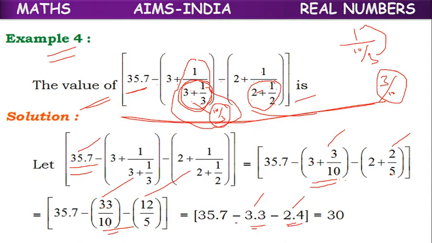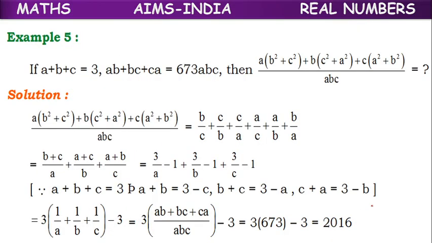If we add these two, the sum is 5.7. Minus 3.3, minus 2.4, minus 5.7. So 35.7 minus 5.7, the answer is 30. In this way we can find the answer.